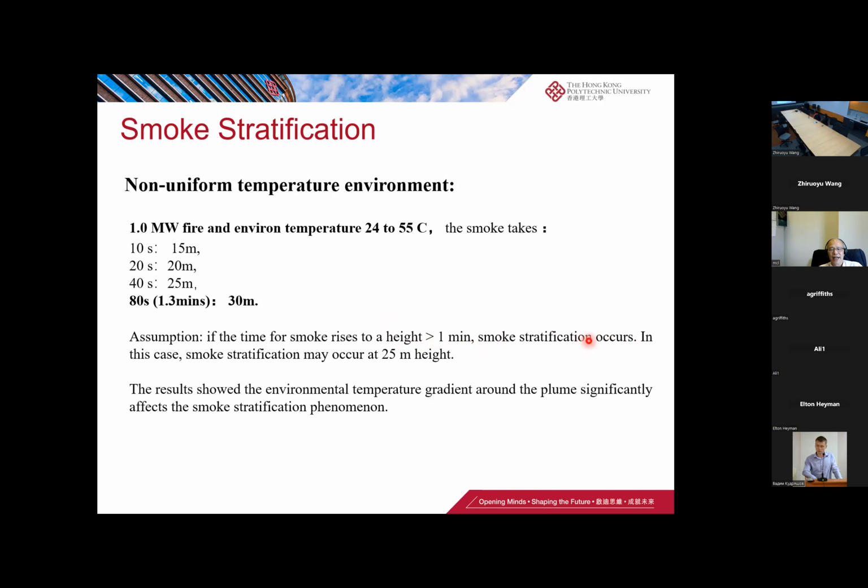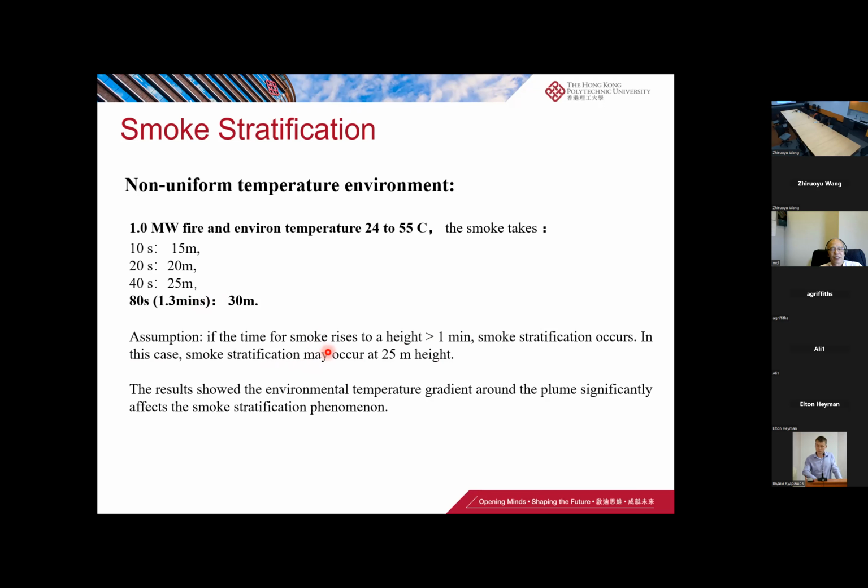Because for a smoke detection system, if the system is activated after more than 1 minute, it seems a little too long from common sense. So in this case, the smoke stratification could occur at 25 meters height.